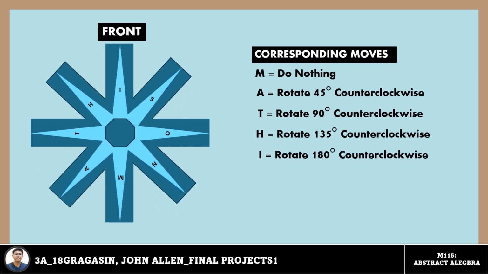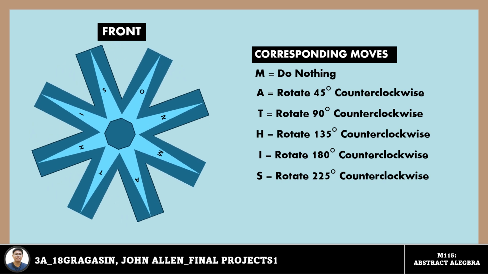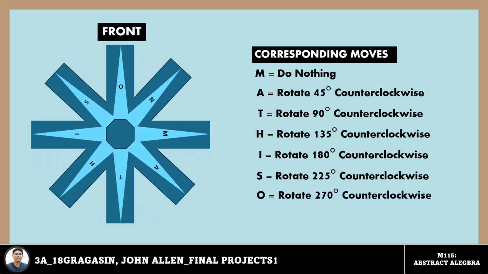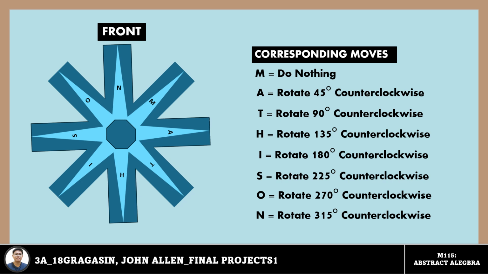And then I is rotate 180 degrees counterclockwise. S is for rotate 225 degrees counterclockwise. O is for rotate 270 degrees counterclockwise. And N is for rotate 315 degrees counterclockwise. And that is all for our rotation.